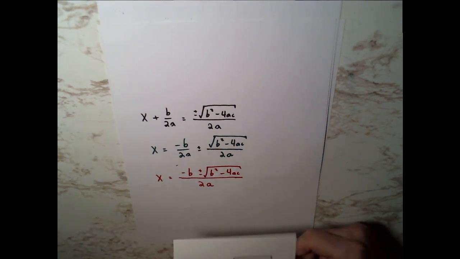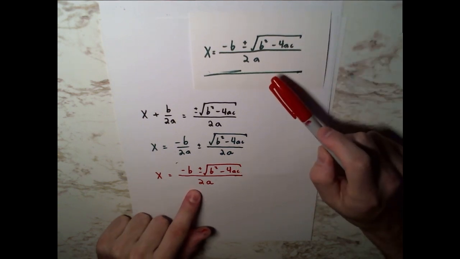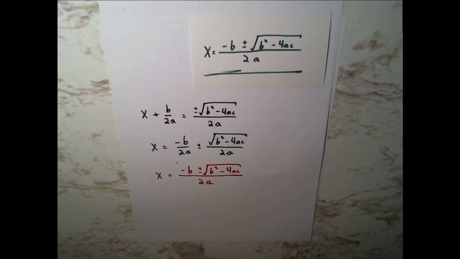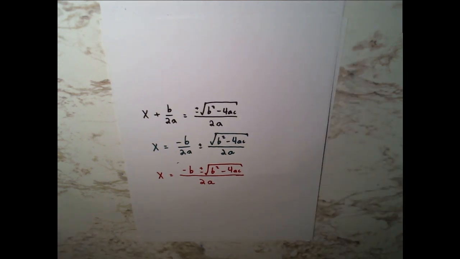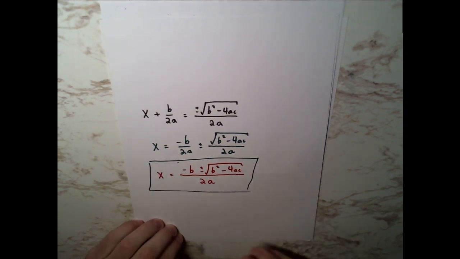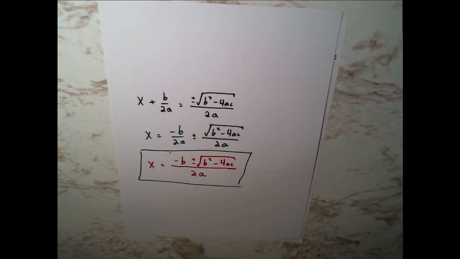And if we look at what we started with, it looks like we got it correct. So there is an example of deriving the quadratic formula just based on taking a quadratic in general form and using the completing the square technique.